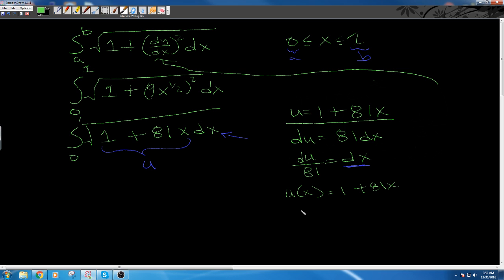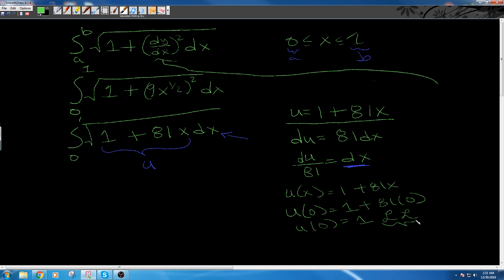We plug in our old limits. First we'll have u of 0, which equals 1 plus 81 times 0. So u of 0 equals 1. And that's going to be our lower limit.